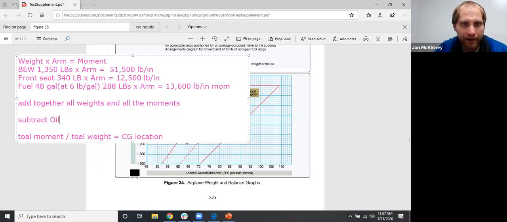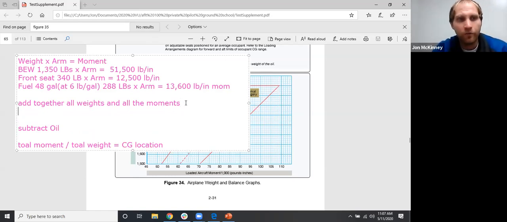Hooray for math. So we're going to add together all the weights and all the moments. For the weights, we're going to have 1,350 pounds. We're going to add that to 340 pounds. We're going to add that to the fuel, which we said was 288 pounds. And we need to add the oil in because oil is a weight that pushes down.